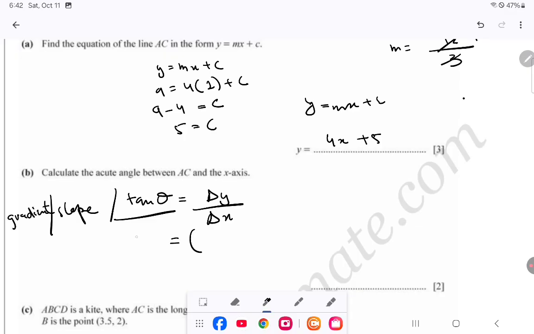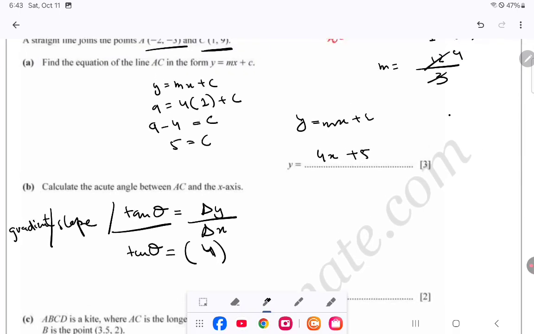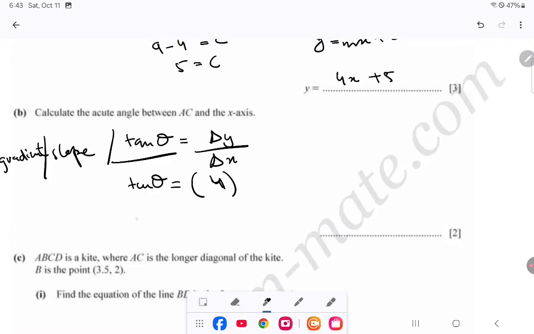So tan theta is the slope, which is 4, as we just calculated. Taking tan inverse on both sides, it becomes 75.9, or 76 if we round off.